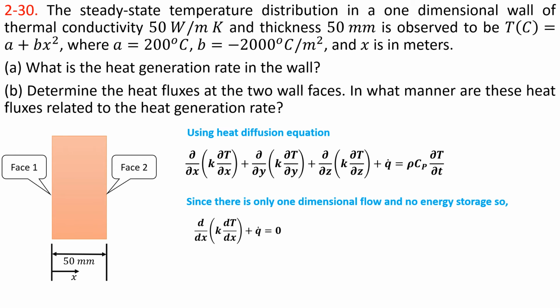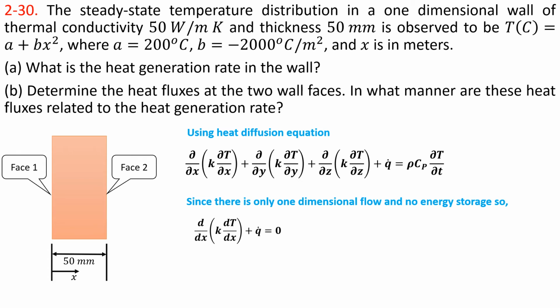And temperature distribution is only in x direction, so the heat diffusion equation will be modified into d over dx of k dT over dx plus q dot is equal to 0.